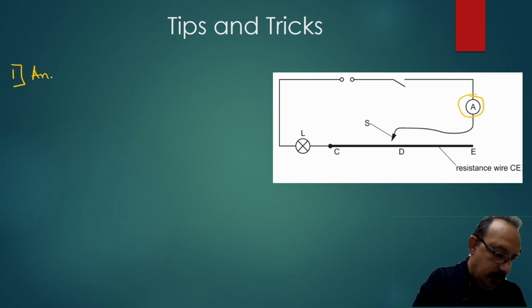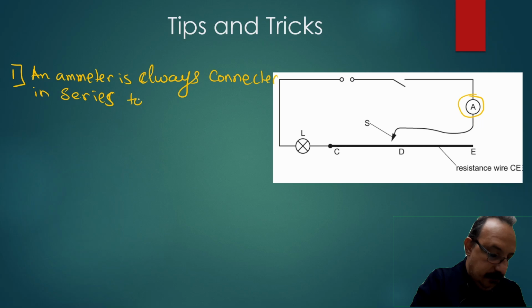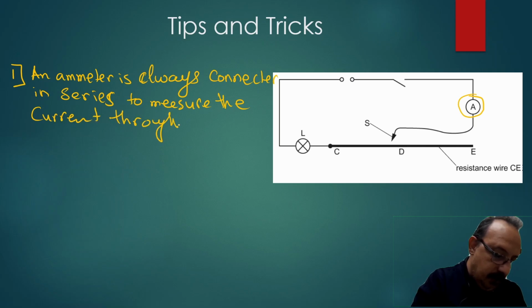An ammeter is always connected in series to measure the current through a component.